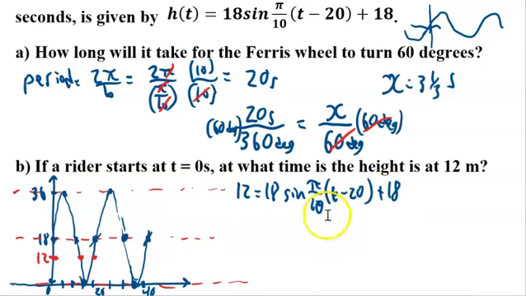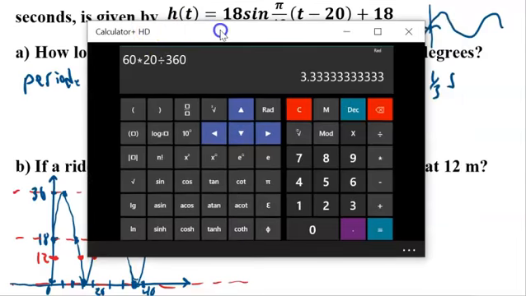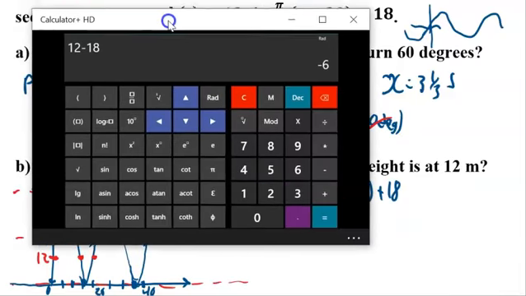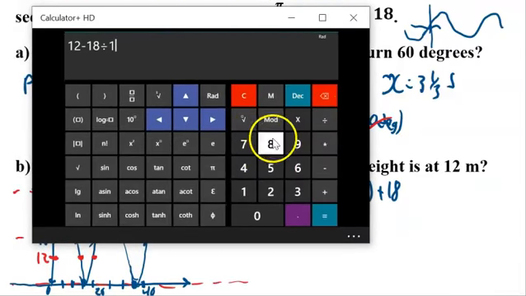So 12 minus 18 is negative 6, and then we'll divide by 18.